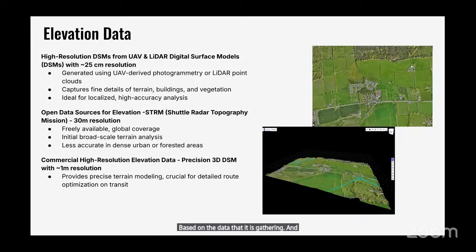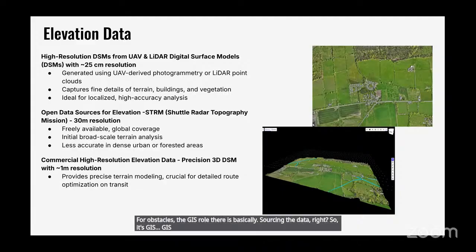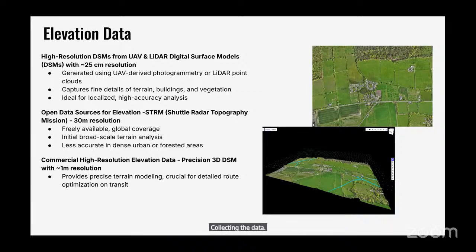And this, I think you mentioned something about obstacles. For obstacles, the GIS role there is basically sourcing the data, right? So GIS is involved in collecting the data, when we survey.